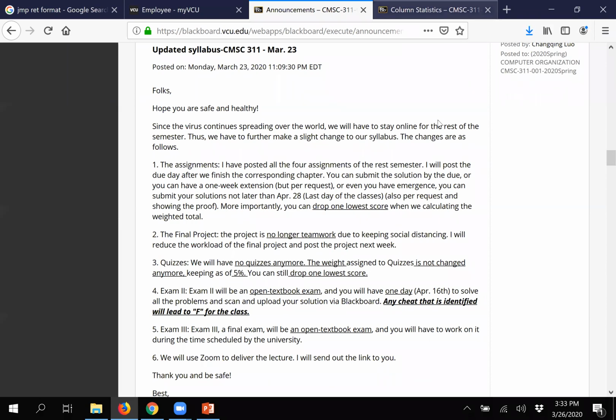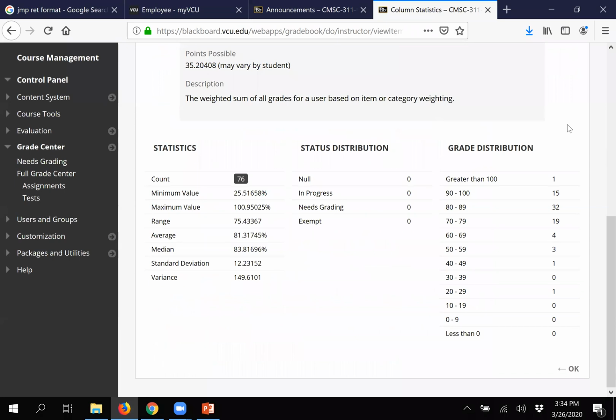For the midterm, we have statistics. The grade distribution is here. Can you see?